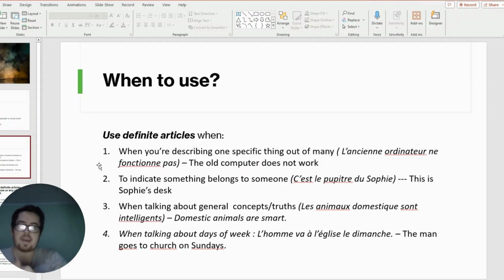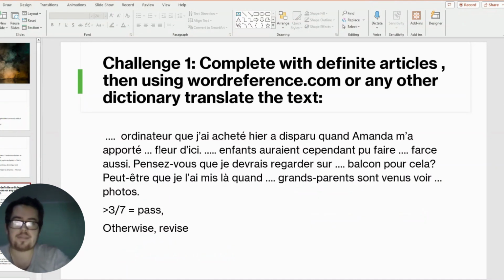And now I have a challenge for you. You have to try and complete the definite articles using any dictionary to translate the text as well, and try to do them. If you pass, it means that you get 3 out of 7 correct, right?